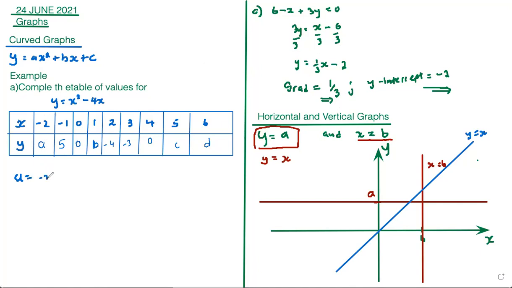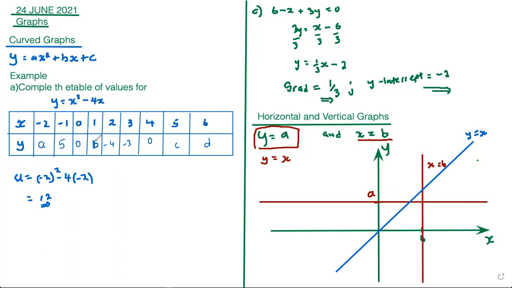It's going to be -2 squared minus 4 multiplied by -2. Then if you simplify that, you get a 4 plus 8, which gives us a 12. So A is equal to 12, right?